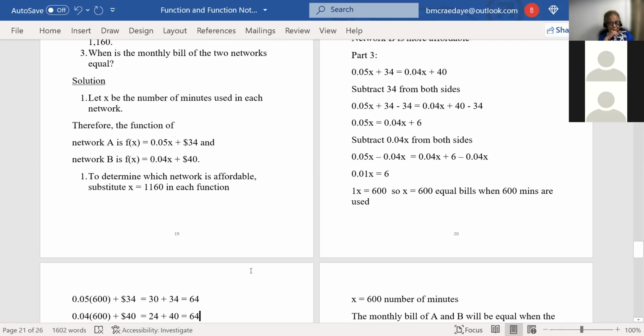Robert, I don't understand this one at all. You don't understand how we got the 600? No, you got the 600, but I'm still lost with these word problems. Okay, but I'm going back to my function. The network A function is 0.05x plus 34. Yeah, but I didn't know functions have word problems.